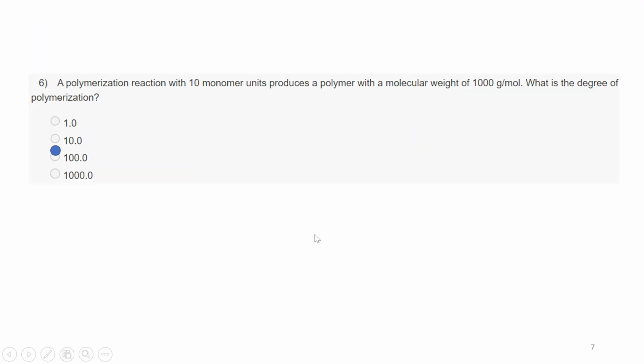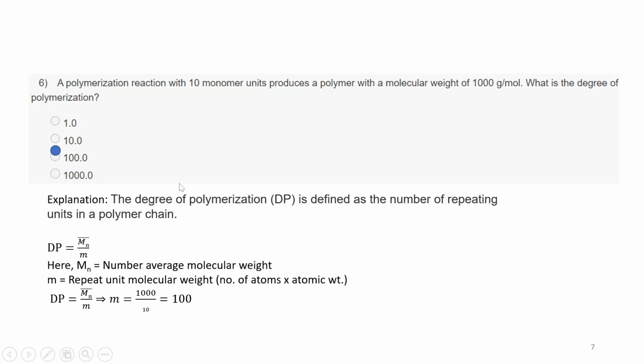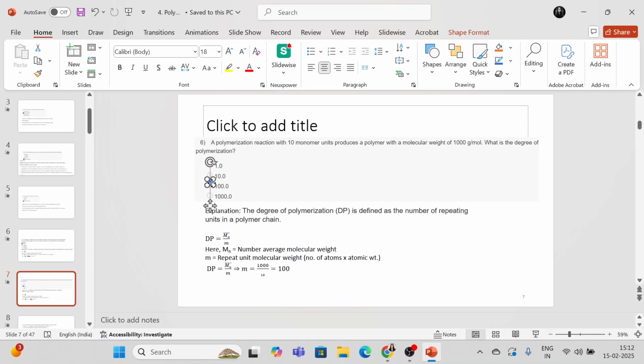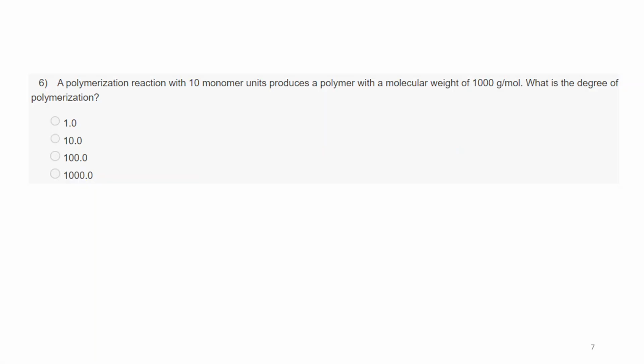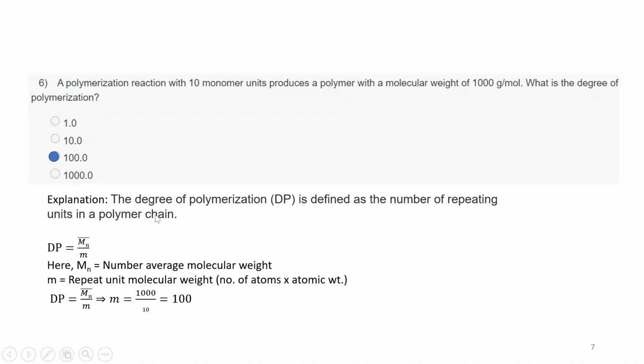So in the explanation, you can see the degree of polymerization is defined as the number of repeating units in a polymer chain. So 100 will be the correct answer.